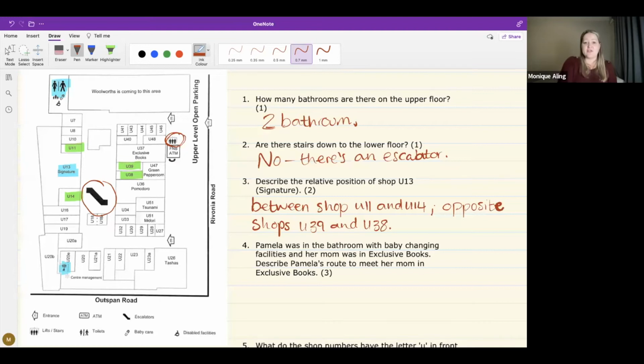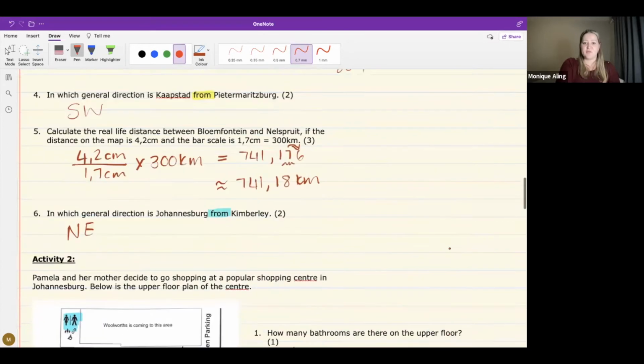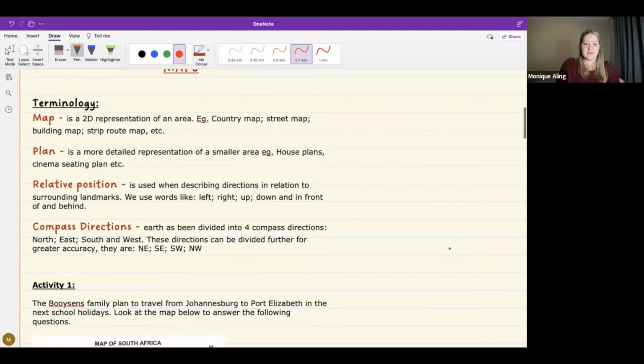Okay, so that is 2 marks. 1 mark for saying what's on either side of it and what's in front of it. I'm going to quickly go back up to the terminology for quick screenshots if we didn't get one earlier.